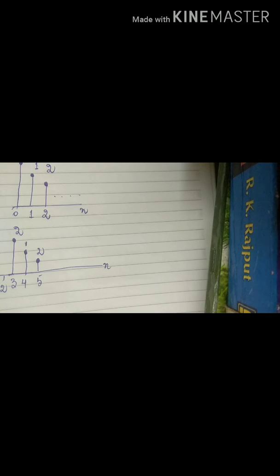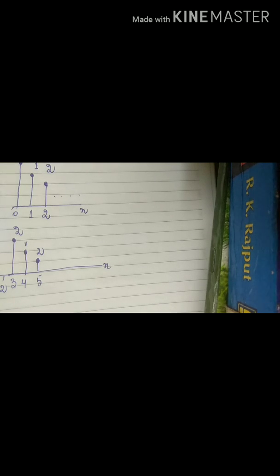So for 0, 1 and 2, this will be absent. For 3, it is having the magnitude 2. At 4, it will be having the magnitude 1. At 5, it will be having the magnitude 2. So this is an example of a delayed version.